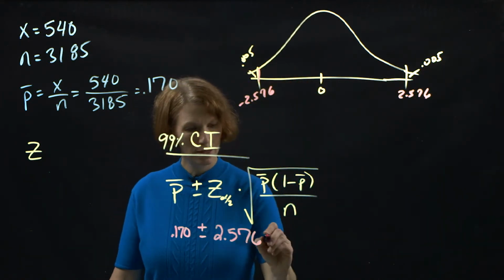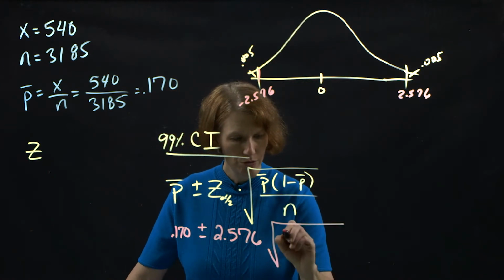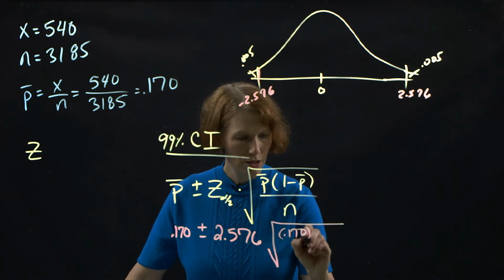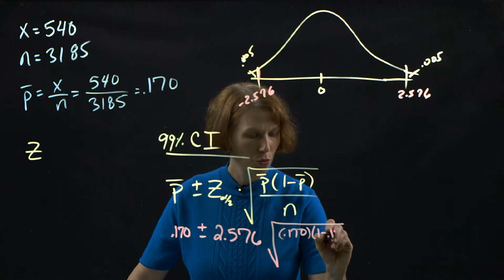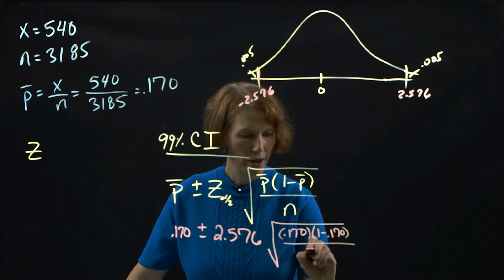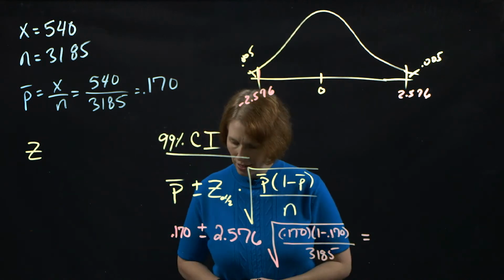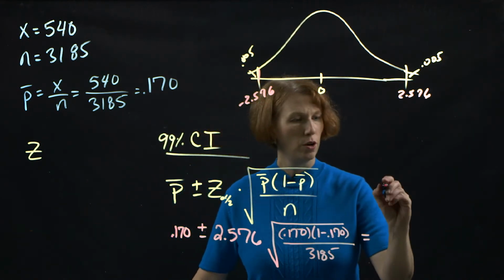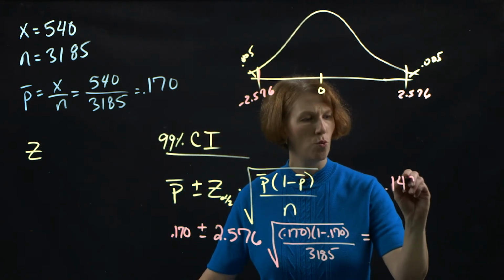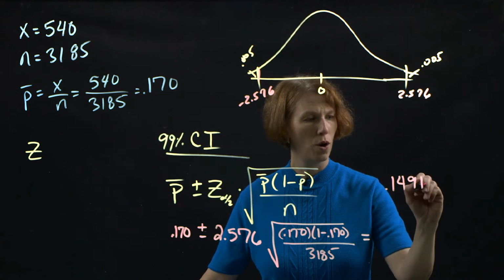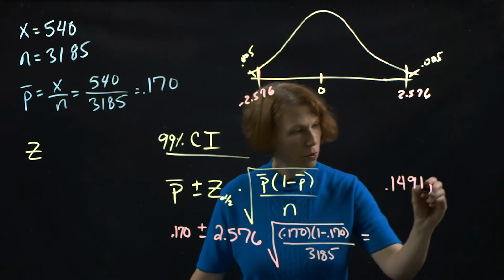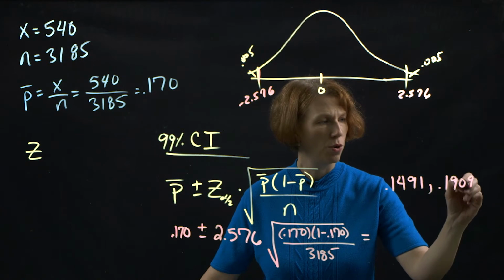All right, so let's put this last piece together here. We've got 0.170 times 1 minus 0.170 divided by 3,185. And the result of that is a lower bound estimate of 0.1491 to 0.1909.